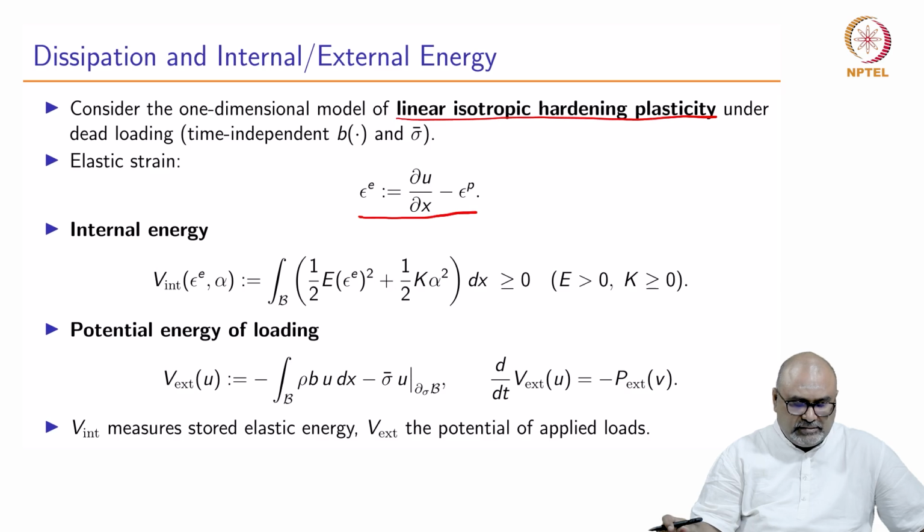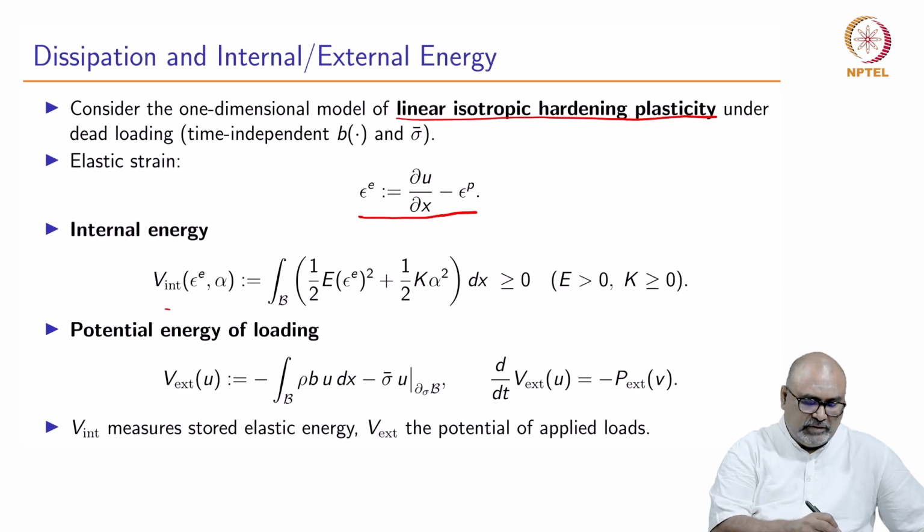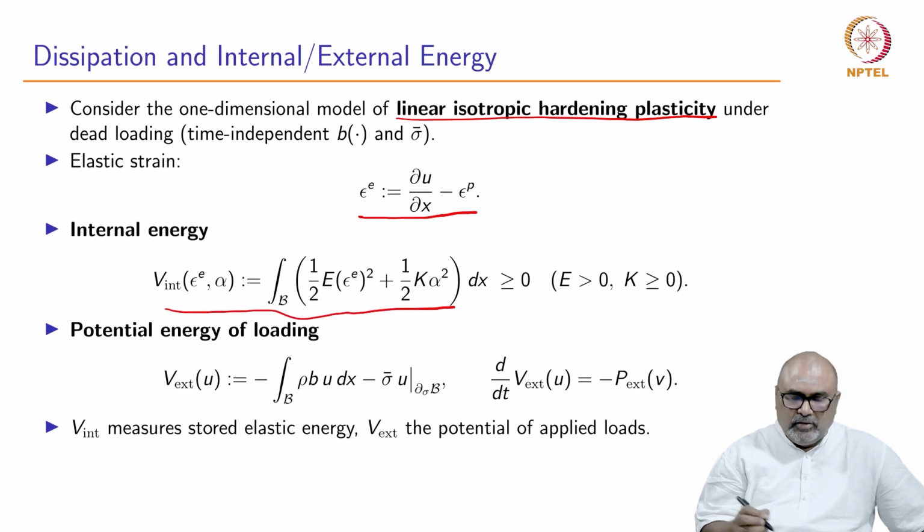The internal energy is defined in terms of epsilon E and alpha for isotropic hardening plasticity as 1/2 E epsilon E whole square, because this is half sigma epsilon E, and sigma is written as E epsilon E. So, half E epsilon E square plus half k alpha square, integrated over dx, must be greater than or equal to 0, where k is the isotropic hardening modulus and E is the elastic modulus.